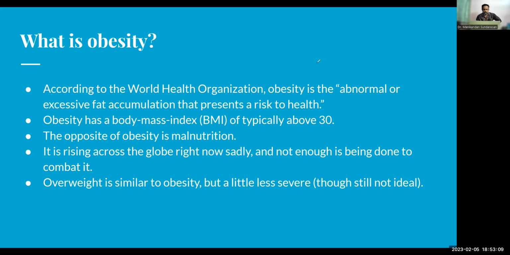I'm forgetting exactly, but around 15 is considered underweight and malnutrition, meaning you're not eating enough. So below 15 is underweight. 15 to 25 is typically the good range for weight on this index. And then 25 and above means overweight, which I'll talk about in a second. And 30 is obese. So it compares the height to the body.